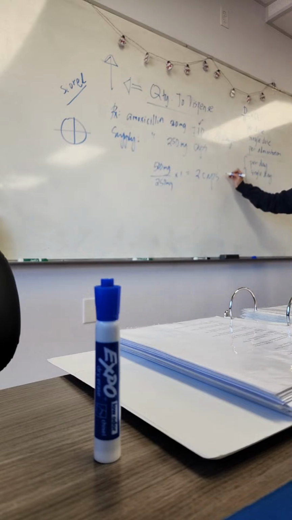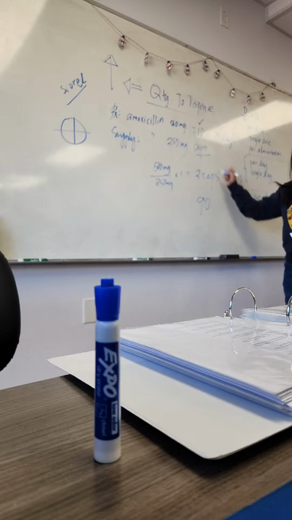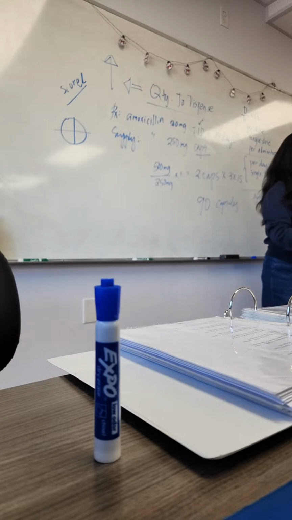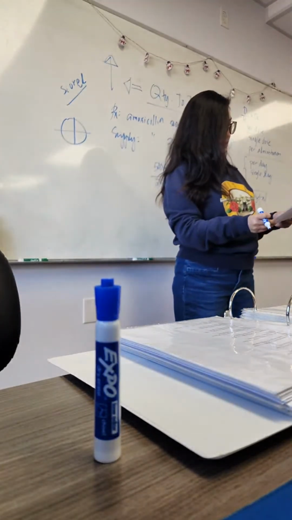But this one is times and times total. We're at total now. So what is this? 6 times 15 is 90. Unit? Because it says capsules, it has to be capsules. Is that clear? Okay. There are some irregular prescriptions in here. What do I mean by that?